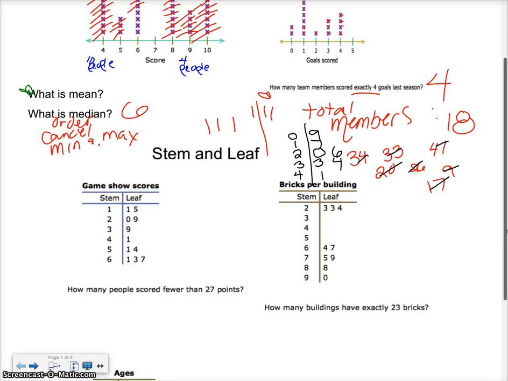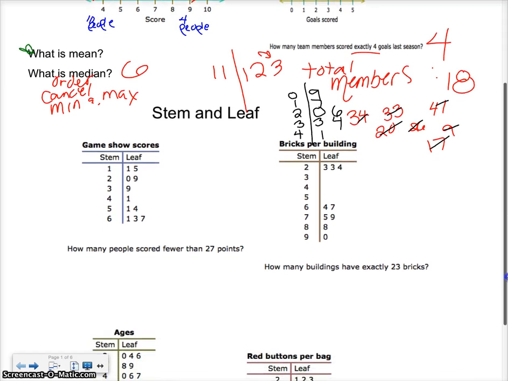Each different leaf is a number. So you would have to say you have numbers in the 110s, with 11 as the stem and then 1 as the leaf, and then you could do 112, 113, okay? That's how you read the stem and leaf plots.